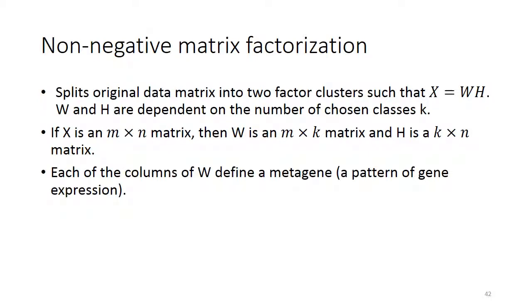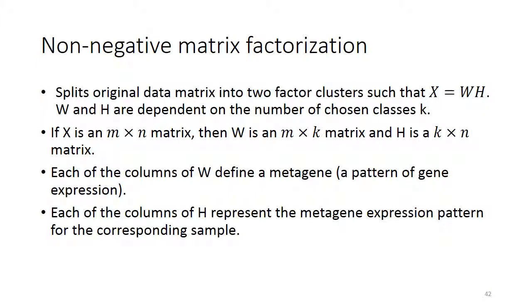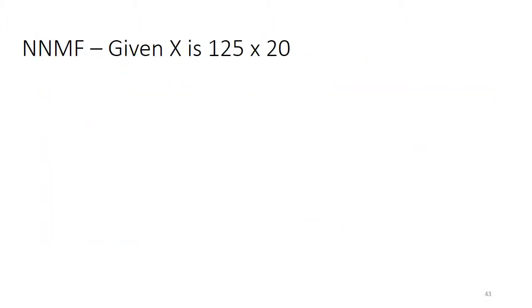Each of the columns of W defines a metagene in this example, or a pattern of gene expression, and each of the columns of H represents the metagene or pattern of gene expression for a corresponding sample.